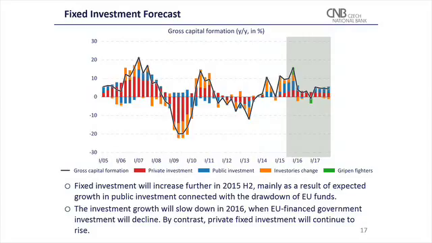So here you can see that fundamentally we expect investment in private sector to continue increasing. It's the positive red bars. What generates the swings? It's the government sector with an important contribution of EU funds, positive contribution this year, which will fade out next year.